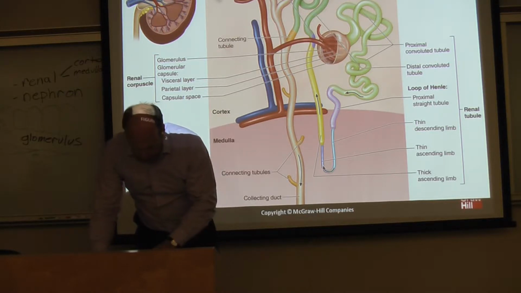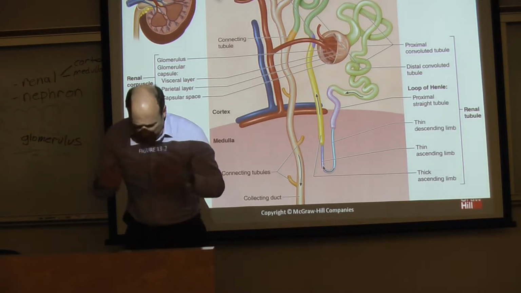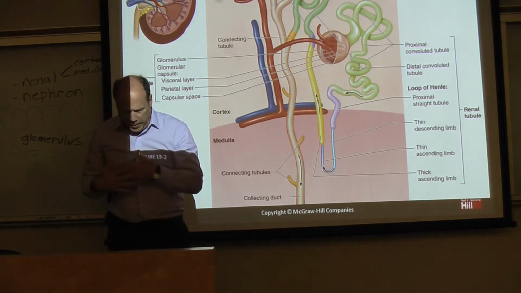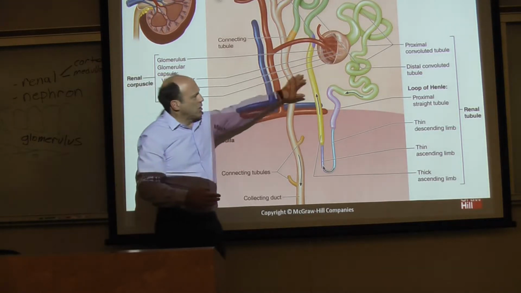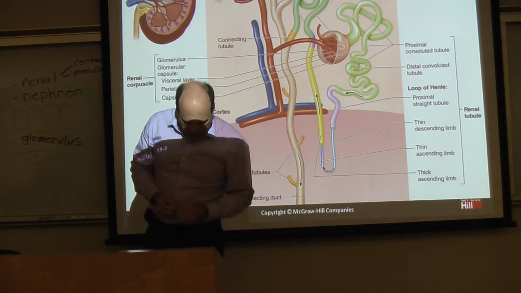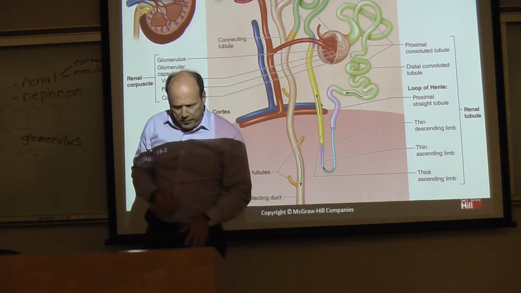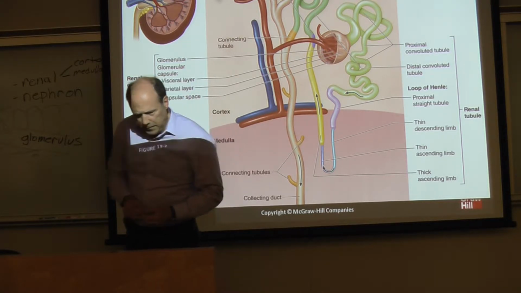Okay, so this balance between secretion and reabsorption is taking place in this basic unit, the nephron of the kidney. And the nephrons are contained both within the cortex and the medulla.